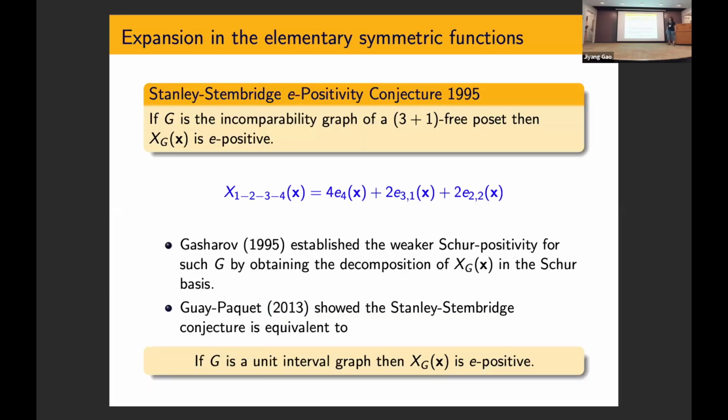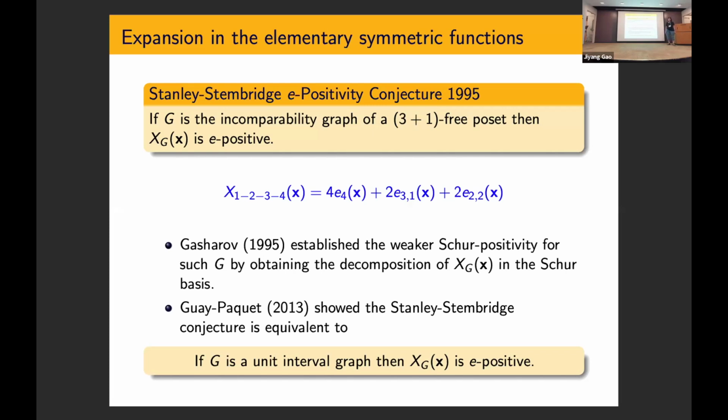Okay, so the famous Stanley-Stembridge positivity conjecture, there it is. If it's the incomparability graph of a 3+1-free poset, then it's e-positive. And here's an example for the paths. The coefficients are all positive.